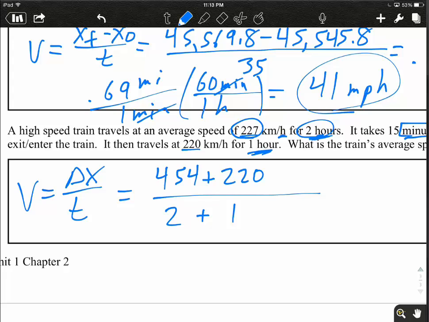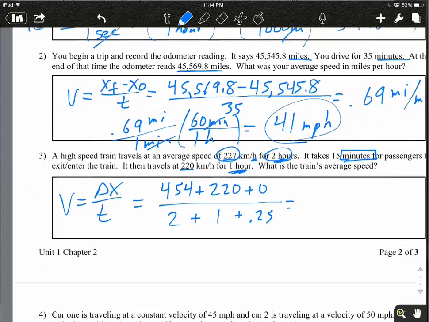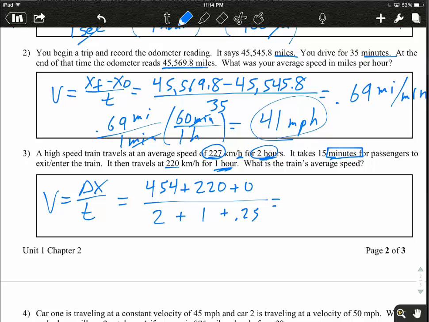And then it didn't go anywhere in 15 minutes, and 15 minutes, of course, is 0.25 of an hour. So when you put that in your calculator, you end up getting that the average speed was 207.38, and we were in kilometers per hour.